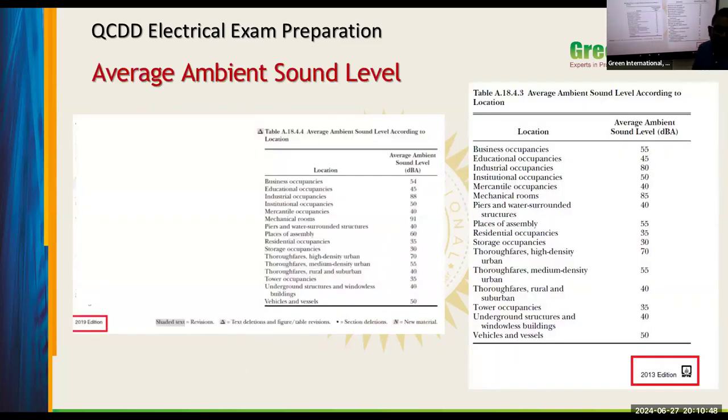Most of the questions, we need to refer to this table. Note that there is a 2019 edition and a 2013 edition. The first one, business occupancy, 55. Here, business occupancy 54.